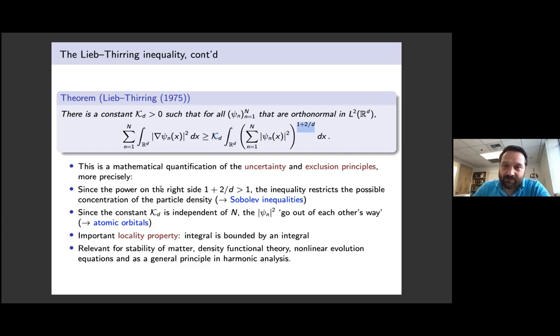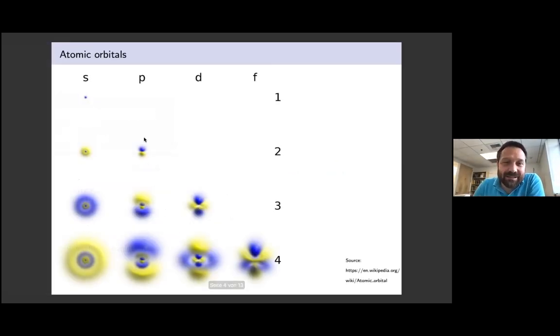So to show you a picture of this, here are the pictures of the hydrogen eigenfunctions. So you have the 1s, 2s, 2p, and so on. What you see plotted here are the blue and the yellow, which are the plus and the minus signs.